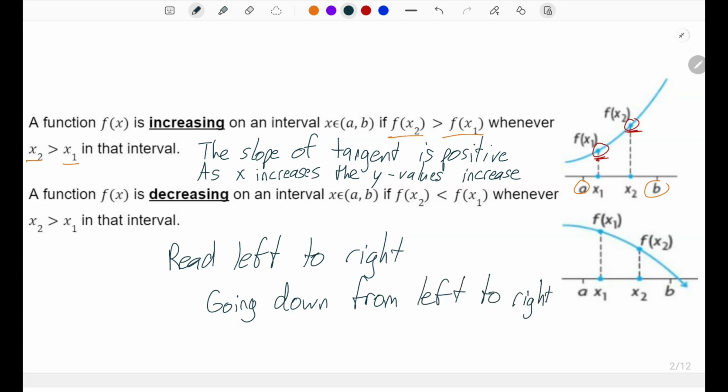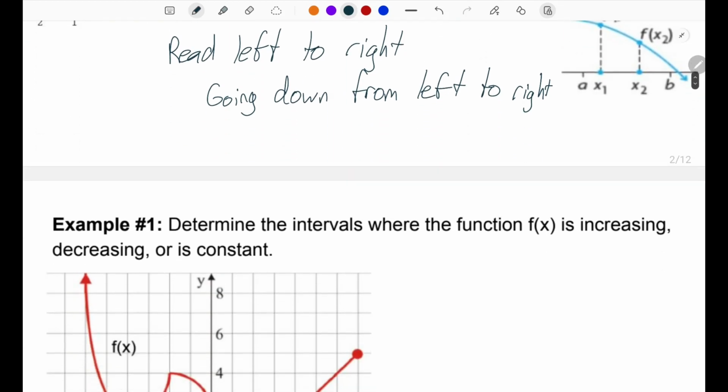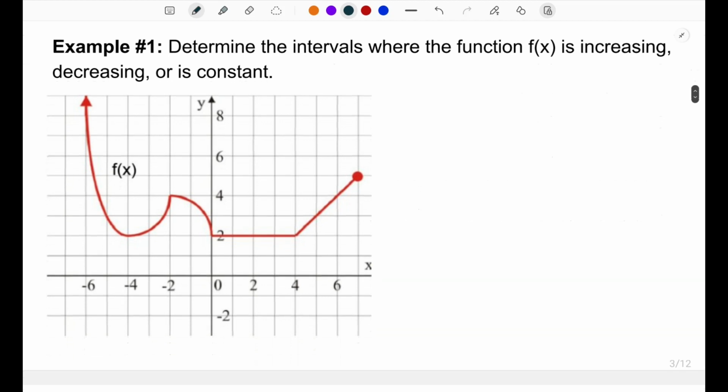All right, so let's actually take a look at a graph and just identify these regions of increasing and decreasing. So we have this graph here. It's got a whole bunch of parts, some kind of piecewise function. And what we want to do is figure out where it's increasing, decreasing, or constant.